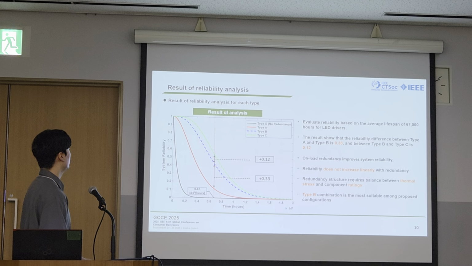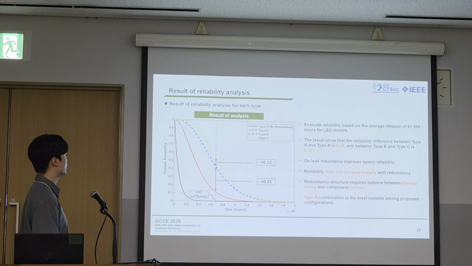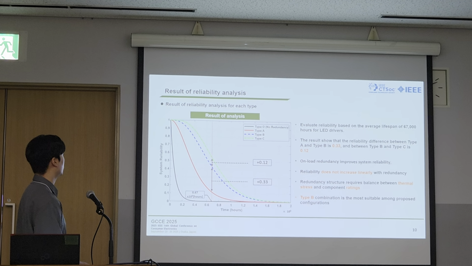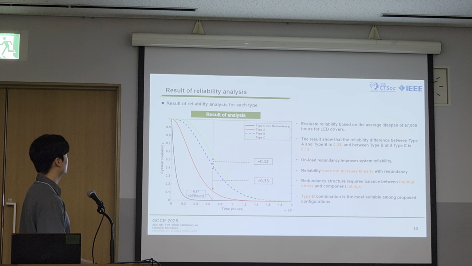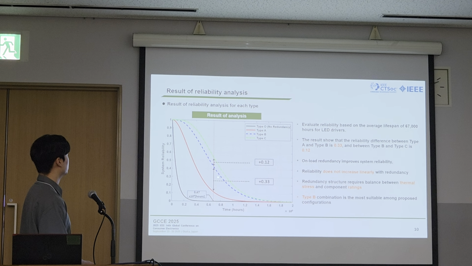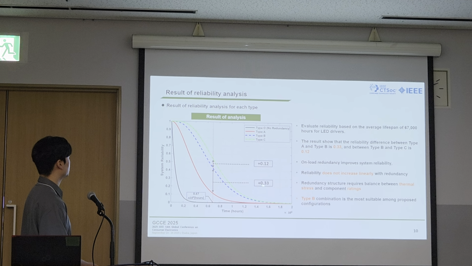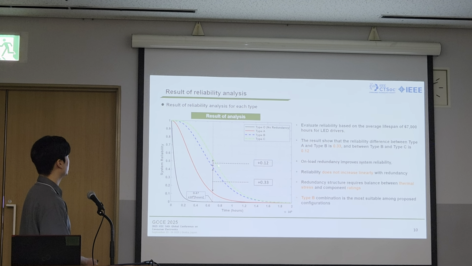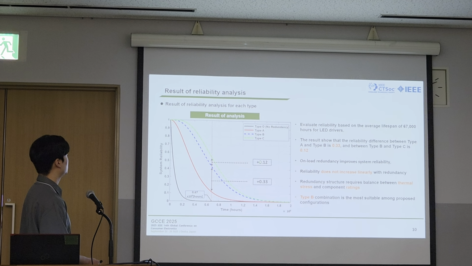Next, we evaluate the reliability based on the average lifespan of 67,000 hours for the LED driver. The results show that the reliability difference between type A and type B is 0.33, and between type B and type C it increases by 0.12.